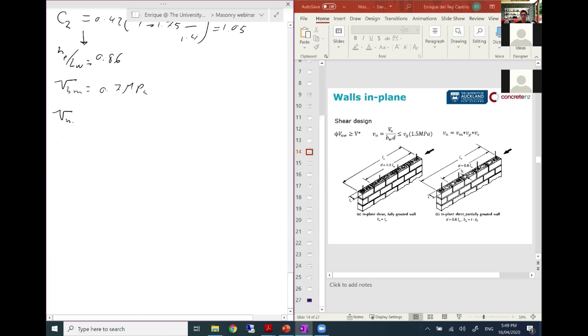And then my contribution of the masonry is 0.076 plus 1.05 multiplied by 0.7. And this is equal to 0.8 MPa. This is smaller than what I need, which is 1.05. So I need to check how much the axial load on the steel is contributing.